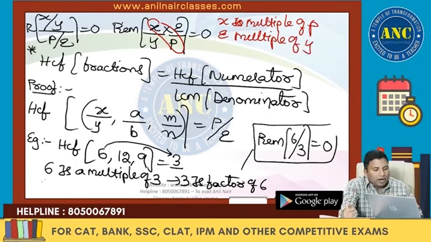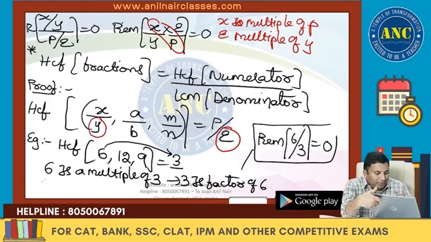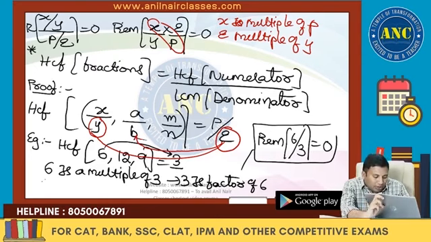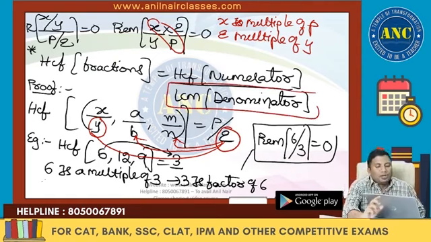Similarly, the next conclusion is q is a multiple of b. Then q is a multiple of n. If q is a multiple of y, b and n, obviously I will take the LCM of the denominators. Are you all with me?